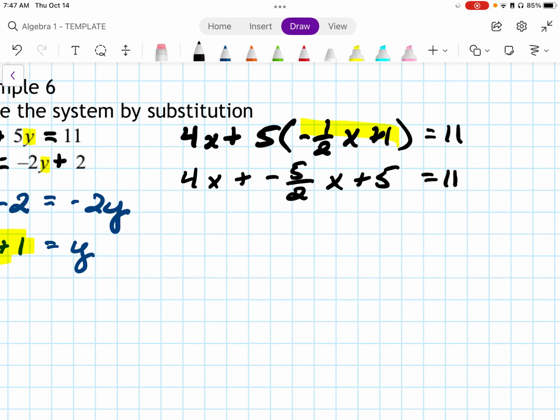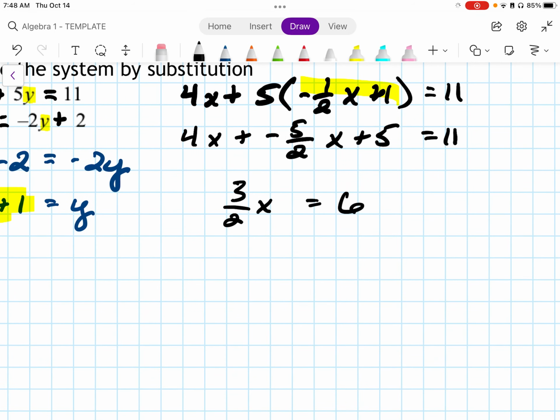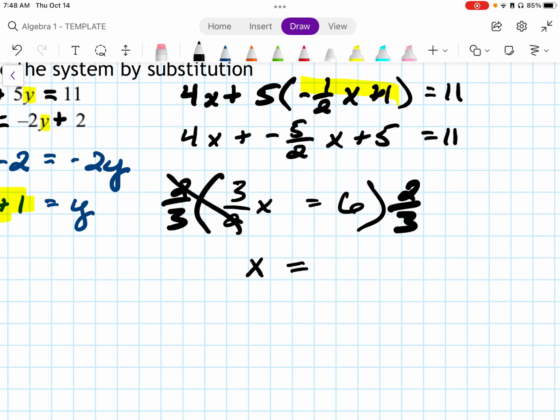4 minus 5 over 2 is 3/2. So this is going to be 3/2. Is this negative? No, it would be positive. 3/2 x. And subtracting the 5 would give me 6. Multiplying by the reciprocal of that, I'd get x equals, well, I divide by 3. Well, here, I'll write that out. There it cancels. 6 divided by 3 is 2, times 2 is 4.